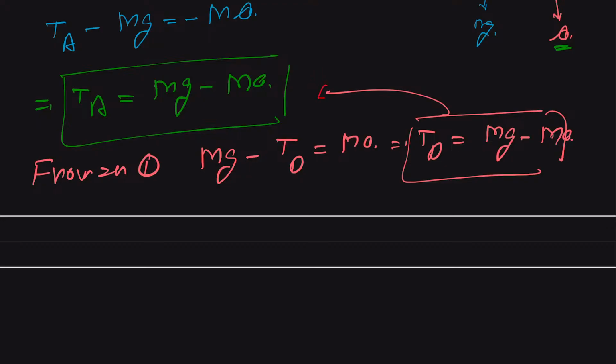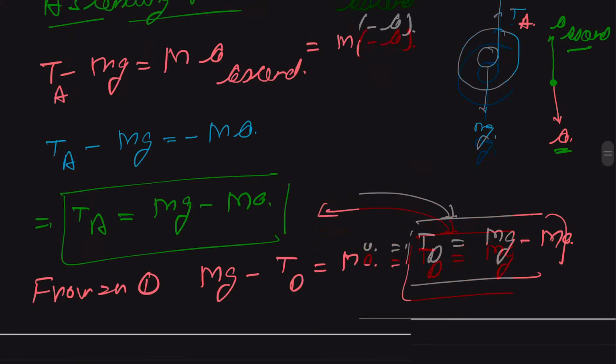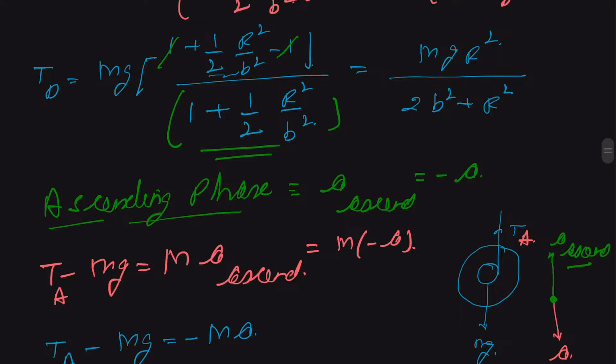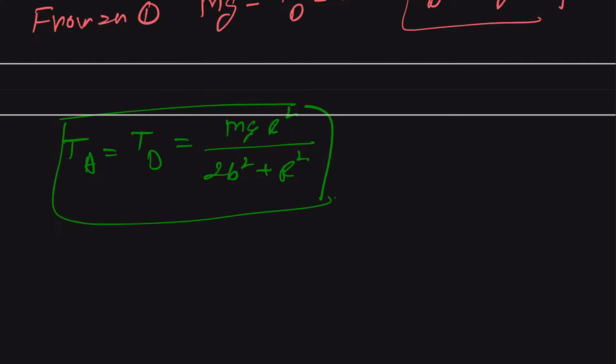So these two equations are the same. Therefore we can say that our tension during ascent will be equal to tension during descent, which will be mg r square over 2b square plus r square. So even though tension will be equal, the acceleration is going to change sign.